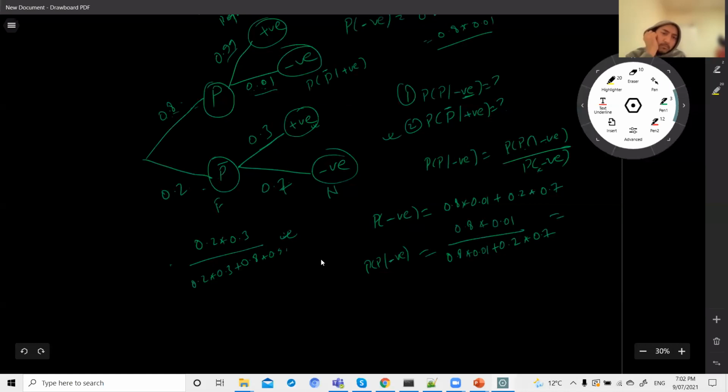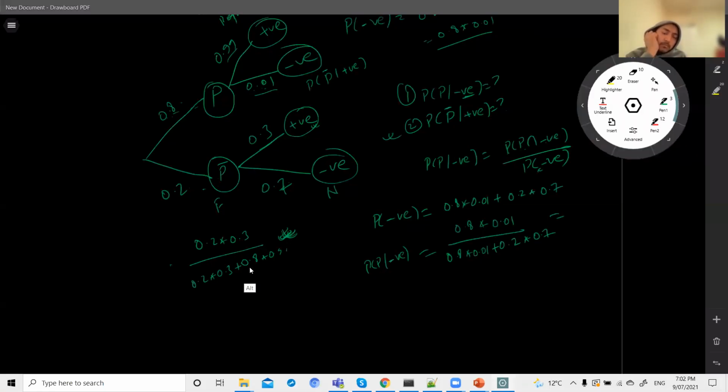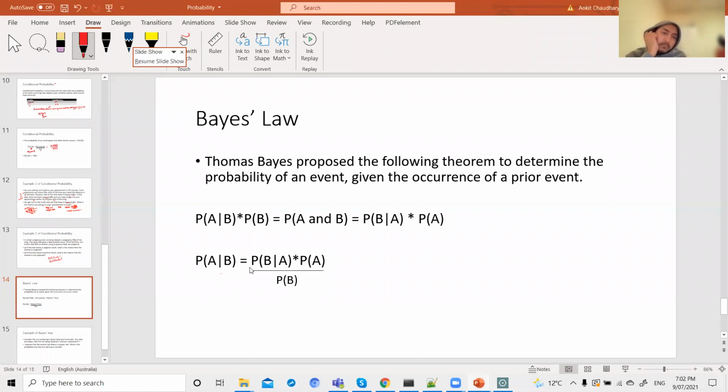Whatever calculation we did is the same as what Bayes law says. We don't need to remember this formula, but we need to keep in mind what it means: the probability of A given B is the probability of B given A times the probability of A divided by the probability of B.